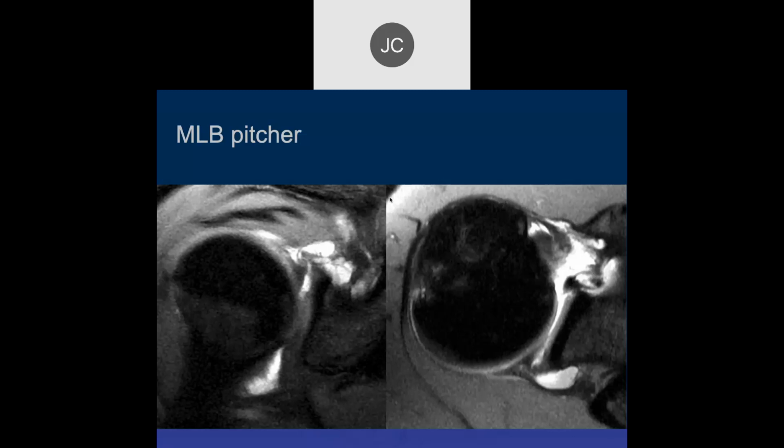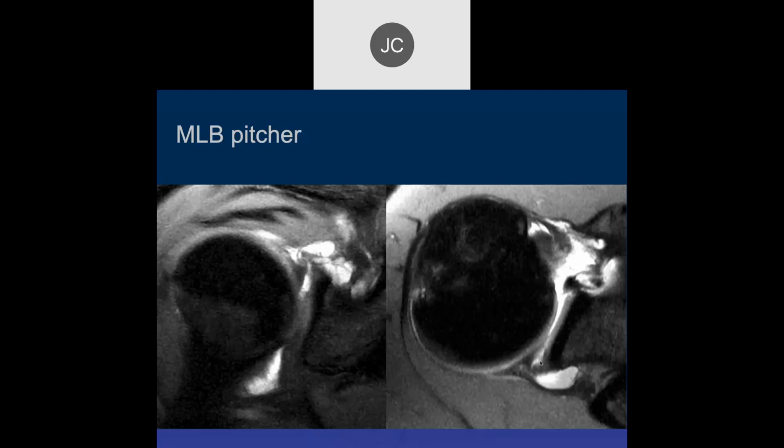It looks like there's a tear of that superior labrum, and we're probably a little posterior here. This is probably the spinoglenoid notch here. You see some funny signal here. That's probably the labrum, and a paralabral cyst coming here.